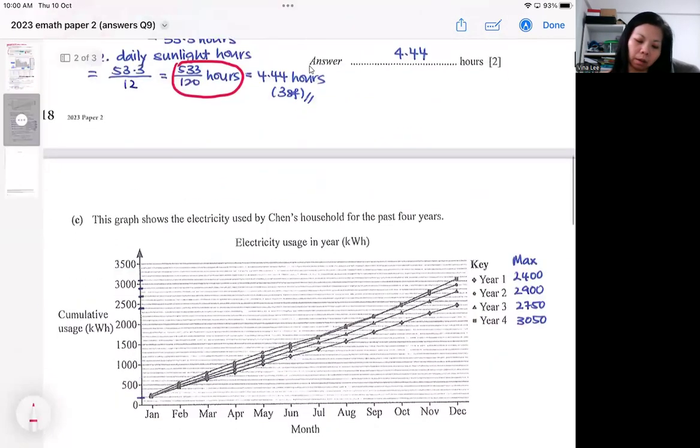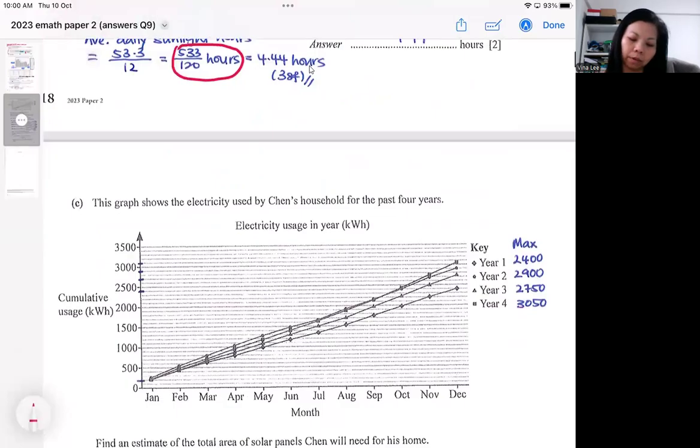Okay, then another one. This graph shows the electricity used by Chen's household for the past 4 years. He observed the trend in the use of electricity. Basically, some months he didn't need to use so much, and there are some months that he used a lot.